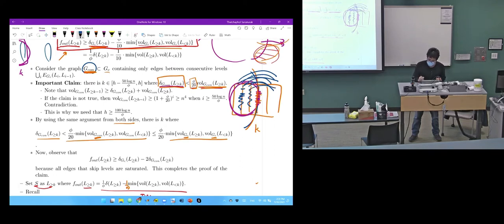So basically everything outside G-con that goes out of this cut is saturated, and there are some that are not skipping levels, but they are here in G-con. But these are small compared to the volume. So we have that the flow going out of this cut is basically full, except the part which is from G-con.